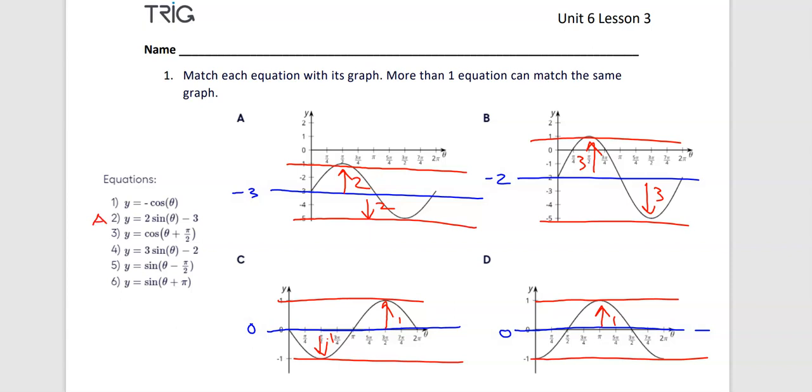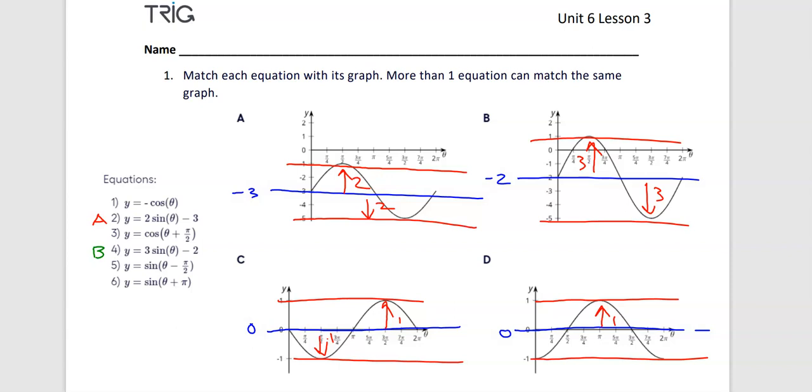So the amplitude is 2 and the midline is -3. And graph B has to be graph 4, again because the amplitude is 3 and the midline is -2.